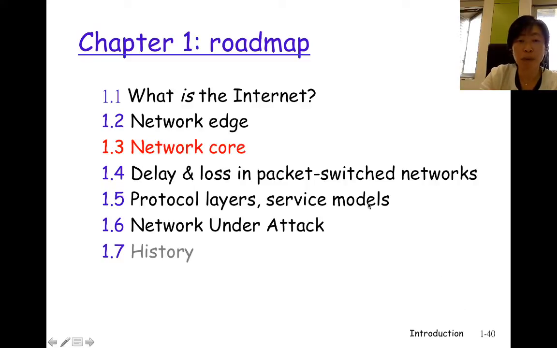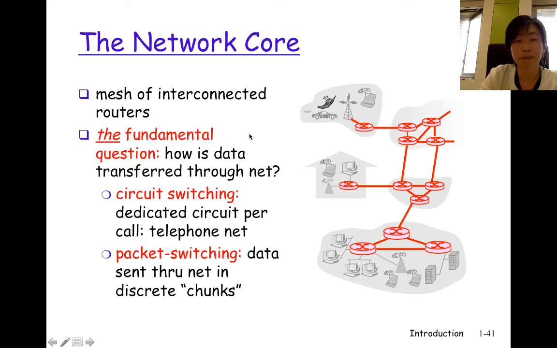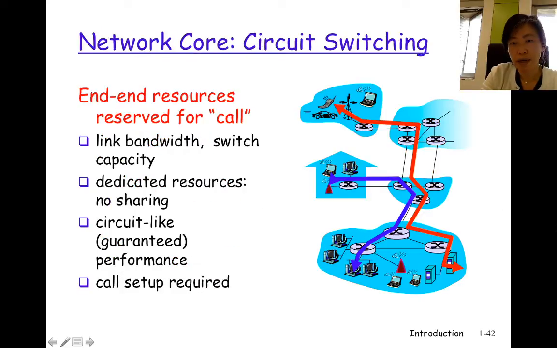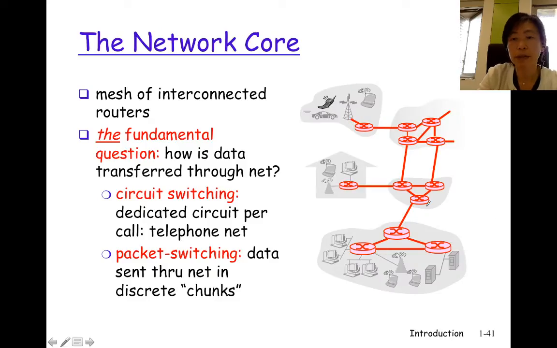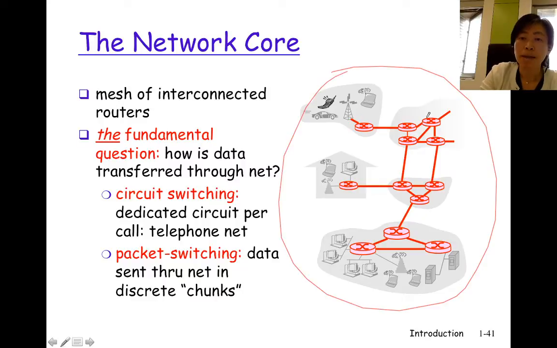All right, so then we are done with the network edge, and let's move on to the network core. So this is what the network core looks like. Again, we have a network that looks pretty much like the internet, but a very microscopic view of the internet.